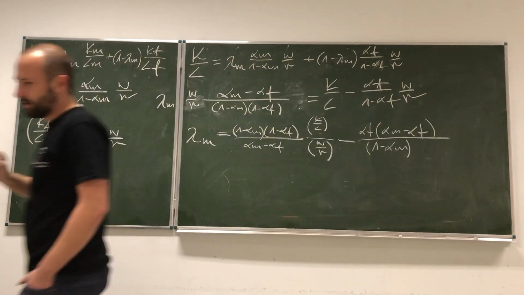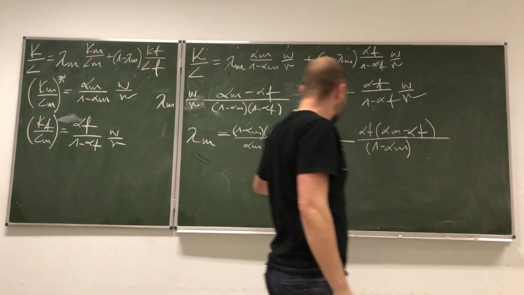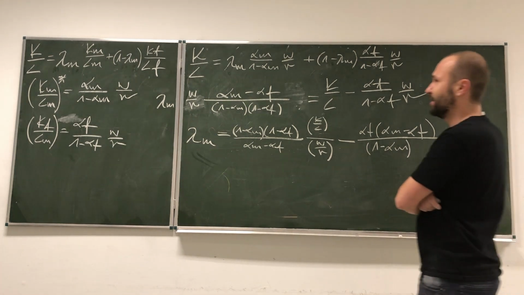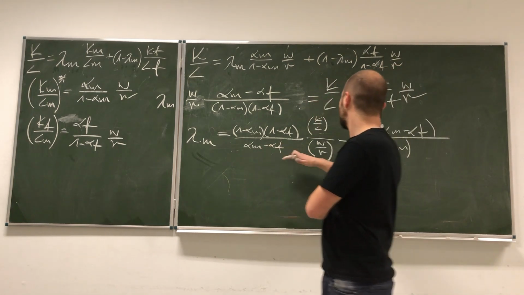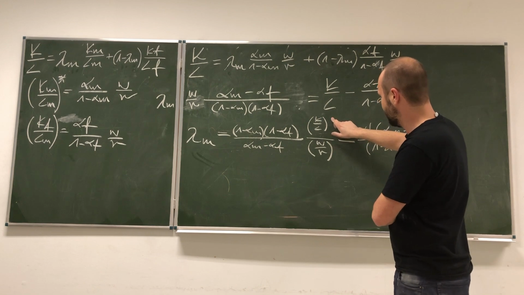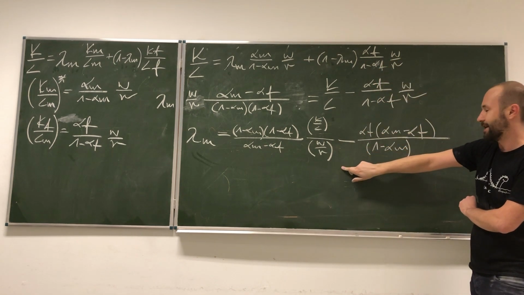And assuming I didn't make any mistake, which I didn't, look, this formula actually allows us to express the share of labor in manufacturing as a function of total capital to labor ratio in the economy and the wage rate.